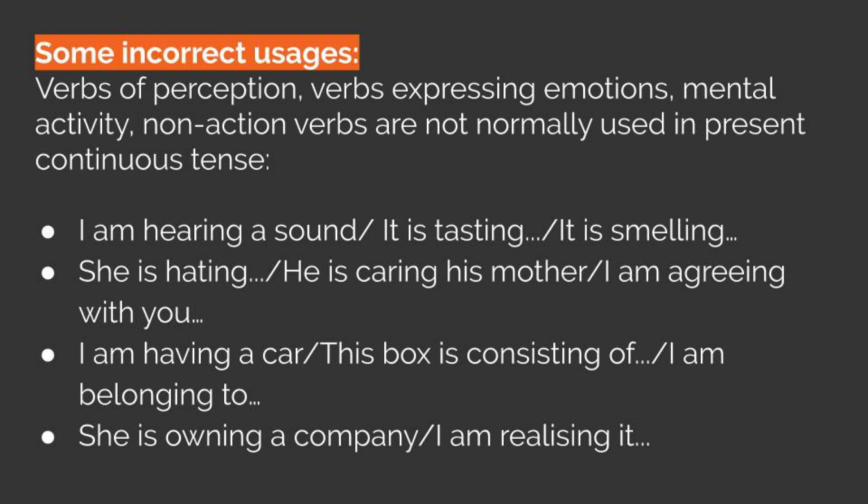And then you have non-action verbs like be, have, belong, appear, seem. Okay? Now, when you use these verbs in present continuous, they don't sound proper when they take the ing extension. Okay, so it becomes an incorrect usage. Right? Just look at the example. I am hearing a sound. So this is not a right usage. I can hear a sound. I can hear some sound.